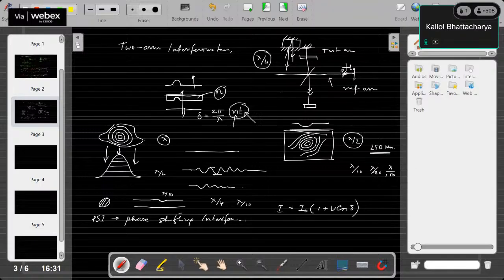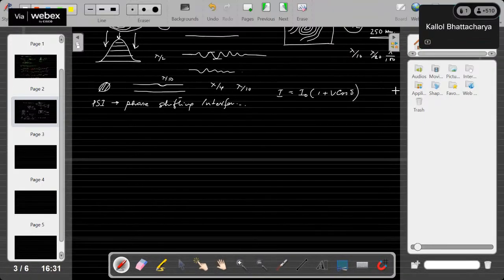So if the mirror is shifted by, let's say, lambda by 8, then the additional path the light has covered is lambda by 4, lambda by 8 plus lambda by 8. Lambda by 4 means you have introduced a uniform phase difference of pi by 2. So here, this is my first frame, and this is all digital. You have to record it on the CCD.